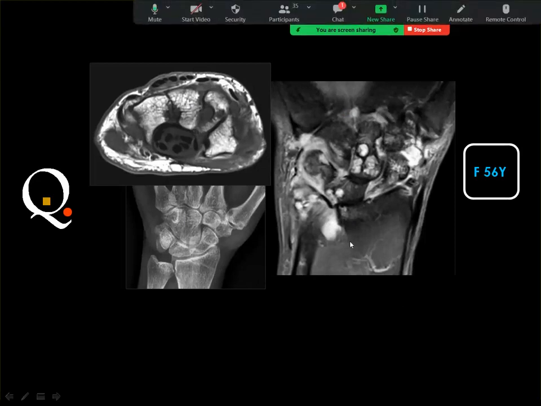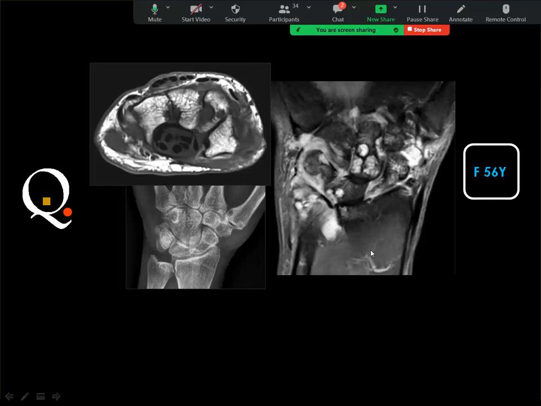And you see that there are marked erosive changes in the distal part of the ulna, some erosive changes in the carpal bones, a marked narrowing of the radiocarpal joint, some joint effusion and synovial thickening. And synovial thickening is usually appreciated much more if you inject contrast material, but this case is presented to see the discrepancy between the X-ray and the MRI findings.